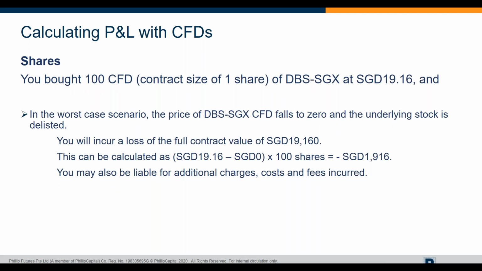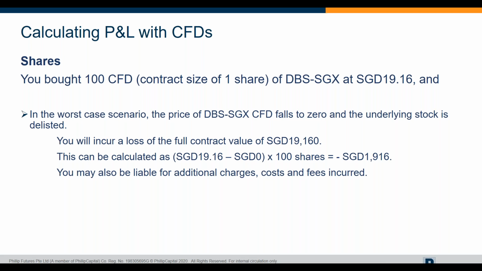So for shares, there is a special scenario because shares sometimes get delisted from the exchange, or maybe when the stock falls to zero. So this brings us to the risk of trading share CFDs also. The same goes for holding an underlying stock, but with CFDs you're leveraged.